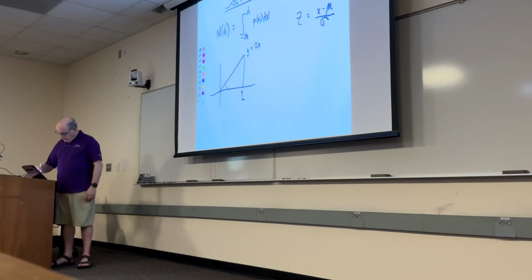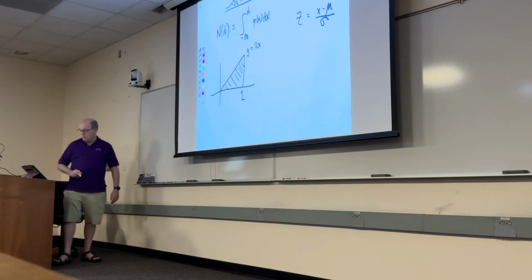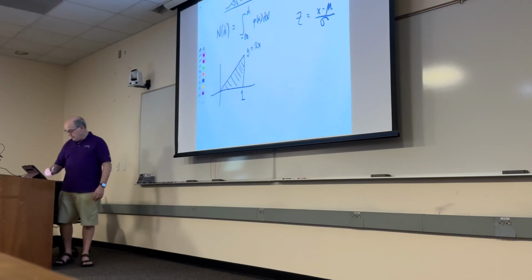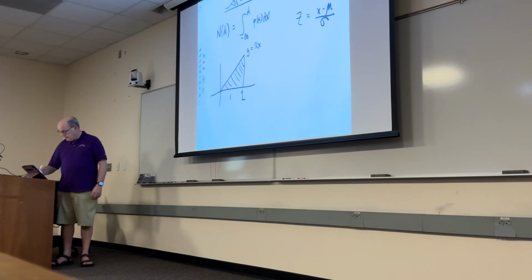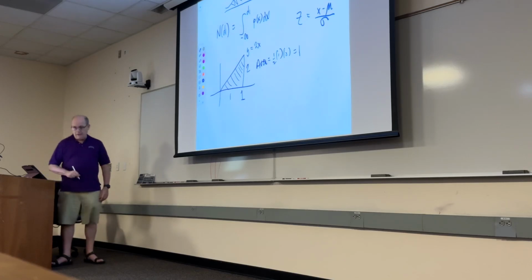What's the area contained inside this region? Well, that's a triangle. This is 1 unit long, and y is 2x, so 2 units high. So the area is half of the base times the height, which is just 1.